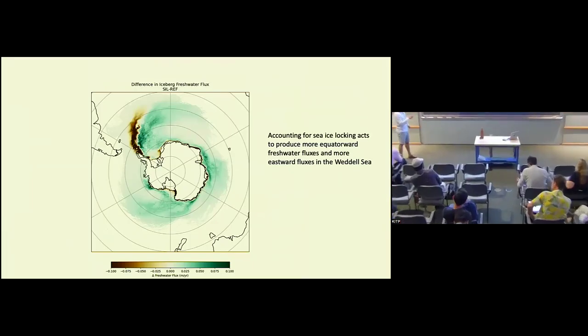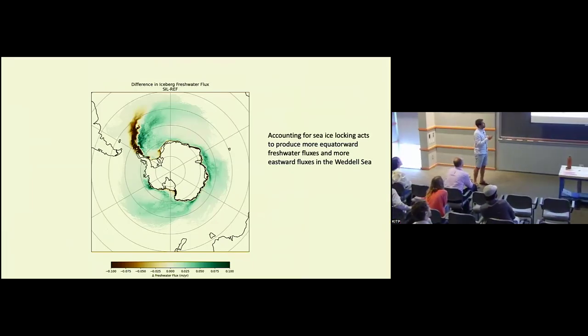And what is shown on the map is the freshwater anomaly received by the ocean due to the fact that icebergs melt. So what we see is that the sea ice locking mechanism tends to produce more offshore melting, because ice is trapping icebergs and bringing them with the ice pack, which is globally divergent, so it's bringing the icebergs equatorward, and it's creating an anomalous amount of melting.